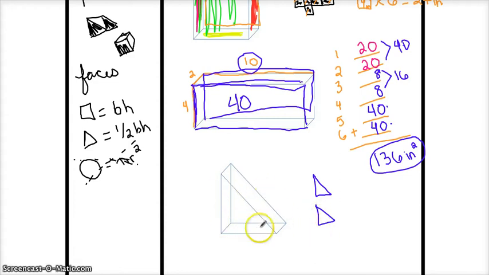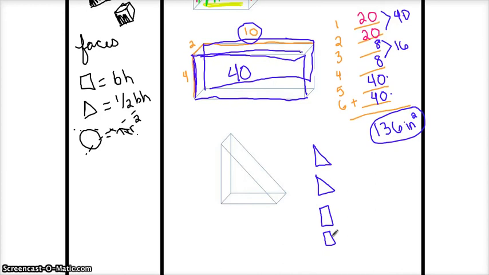And then we have 3 rectangles, so you'll need to find the surface area of all 3 rectangles. You're literally just finding the areas of each of the shapes, and then adding them all together.